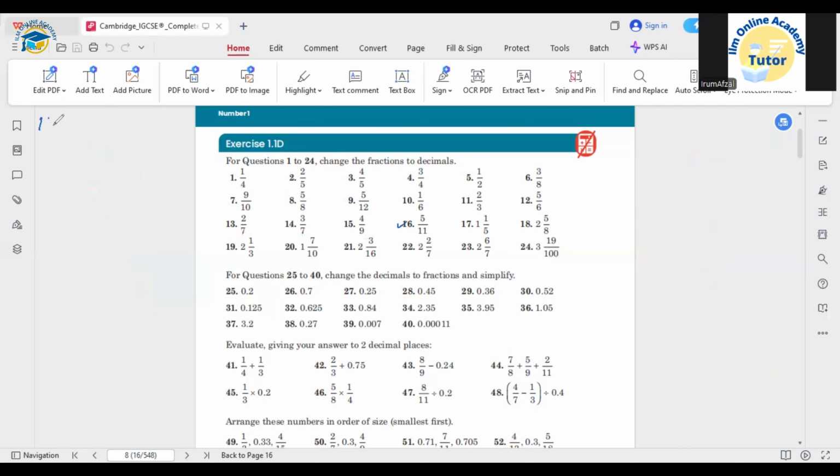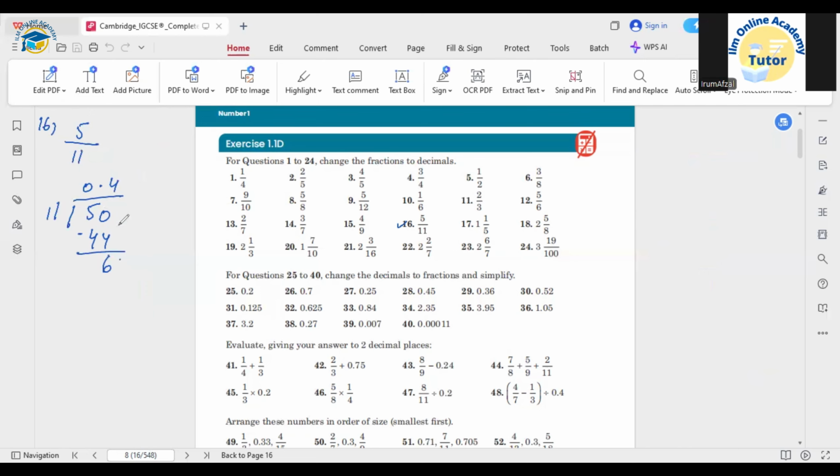For the 16th one, I'm having 5 by 11. So again, we need to keep 5 inside, and with 11 we can divide it. So line 1 0. 11 4 times would be 44. Then we can bring the 6 down, because taking the carry it would be 10. 10 minus 4 would be 6.